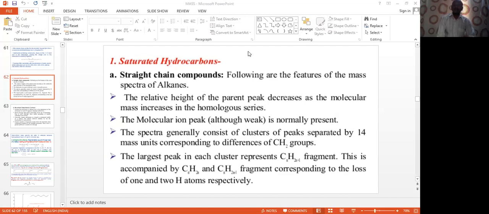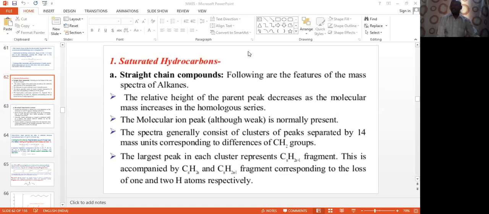And the peaks generally will be separated by 14 mass units.